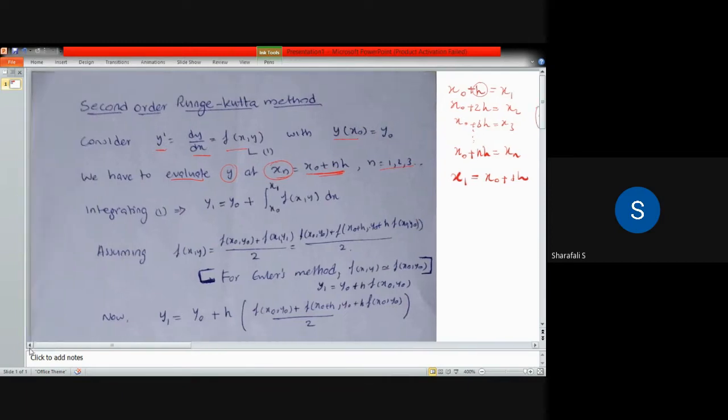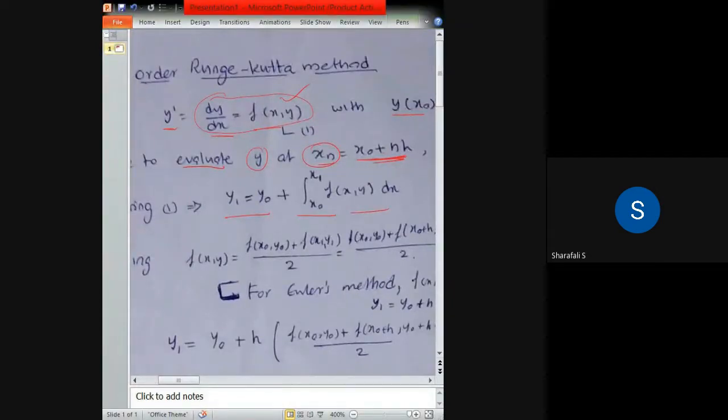Now if you are integrating this particular equation that is given, dy by dx equal to f of x comma y, that is our function, then we will get an equation like this. It will be y1 equal to y0 plus the integral from x0 to x1 of f of x comma y dx.